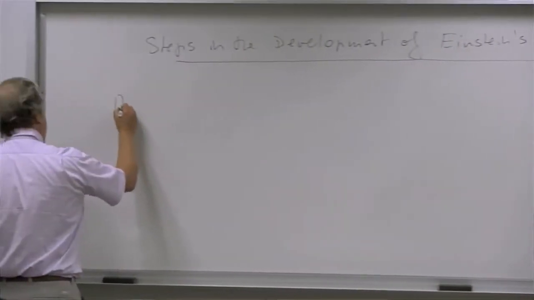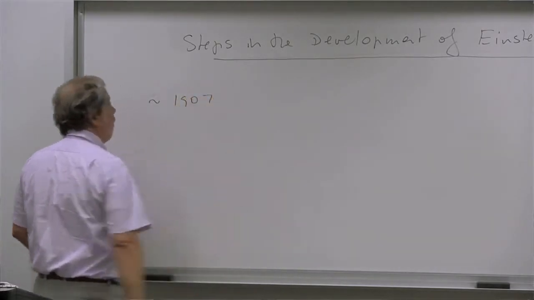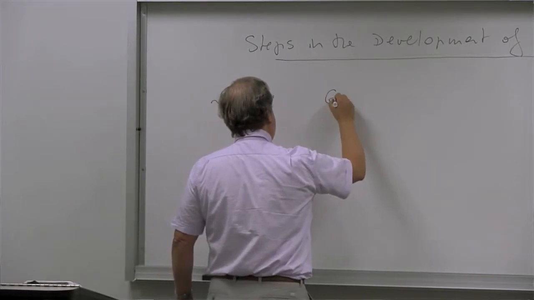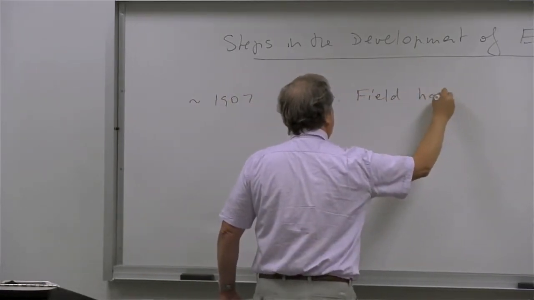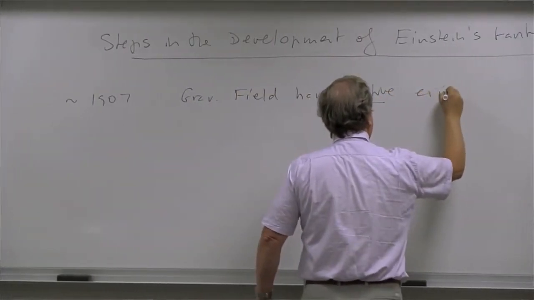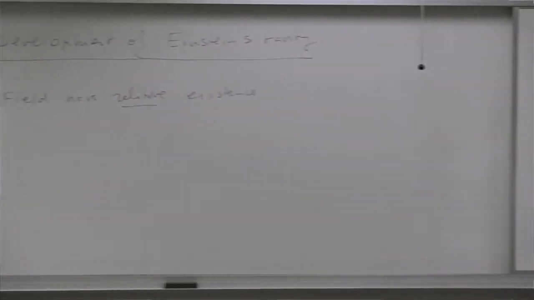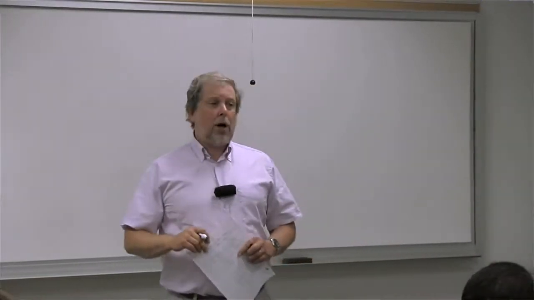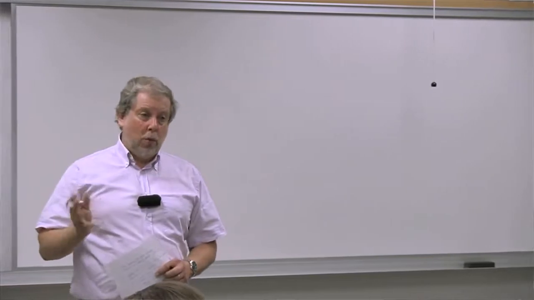That is, the first thing that he realized, and let's say around 1907, is that gravitational fields have a relative existence. That is, if you are given a gravitational field, say on Earth, it is possible to choose a frame where that gravitational field is removed.